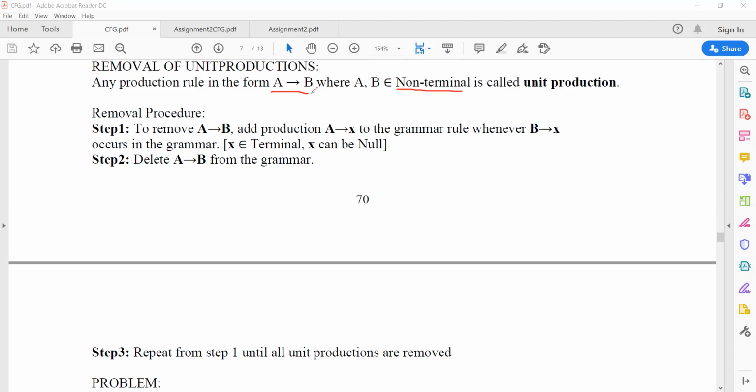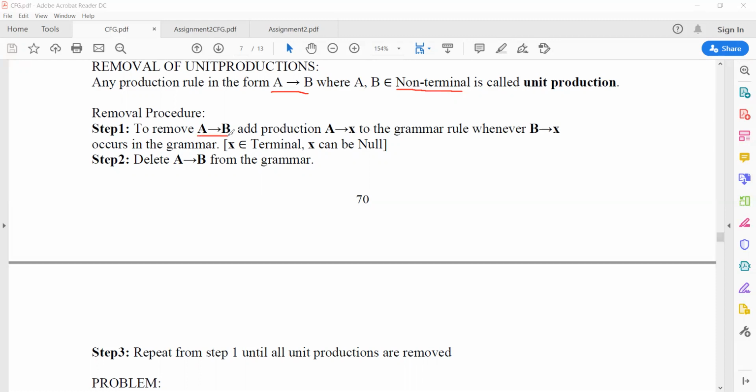To remove a unit production, you follow a couple of steps, step one and step two, and step three is for iteration until all unit productions are removed from the grammar. For that purpose, you first identify which are the unit productions.